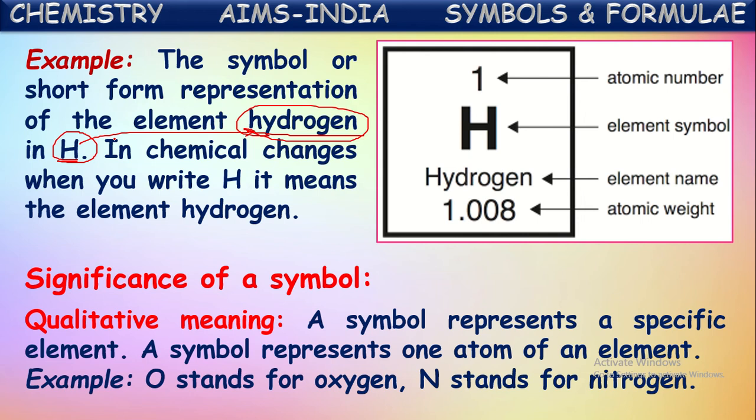In this way, a symbol represents one atom of that element. By giving the symbol, we can say which element is represented. That is called qualitative significance.